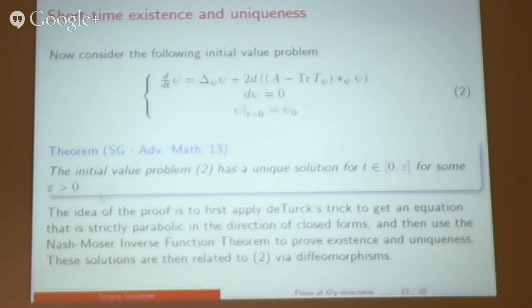It's for a short time. Yeah, but for short time it will be closed. You mean on the whole manifold? Yes. So it will be closed on the whole manifold because the right-hand side of this equation is actually always an exact form.